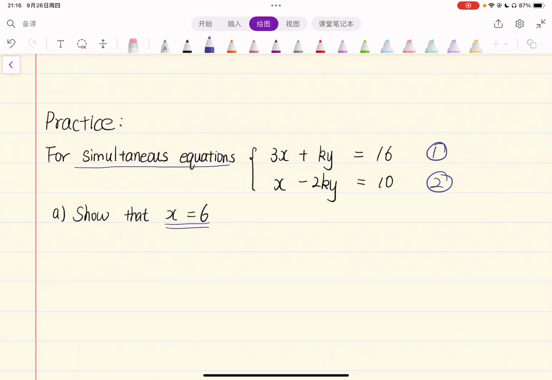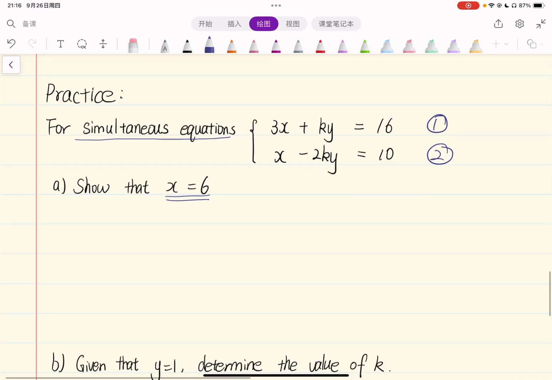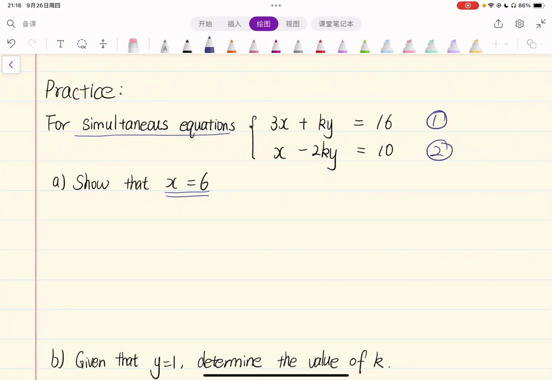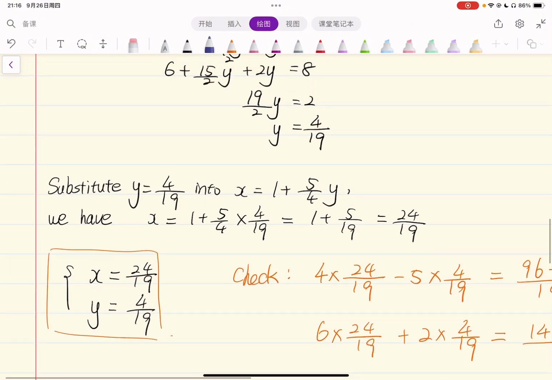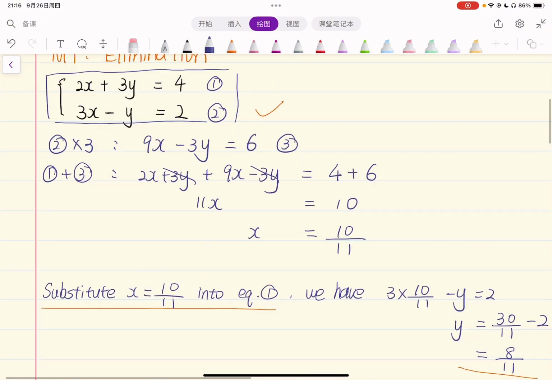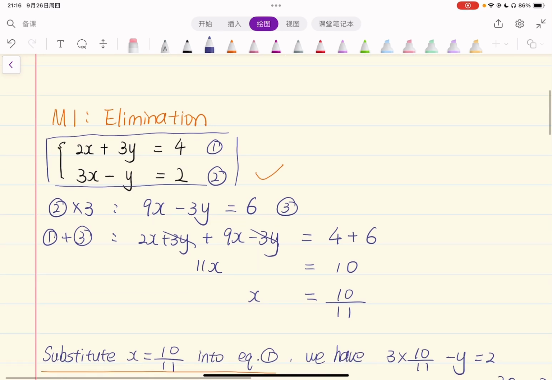How can we do that? When you want to show the value of x, we can let the y disappear. So we use the first method that I told, which is elimination.